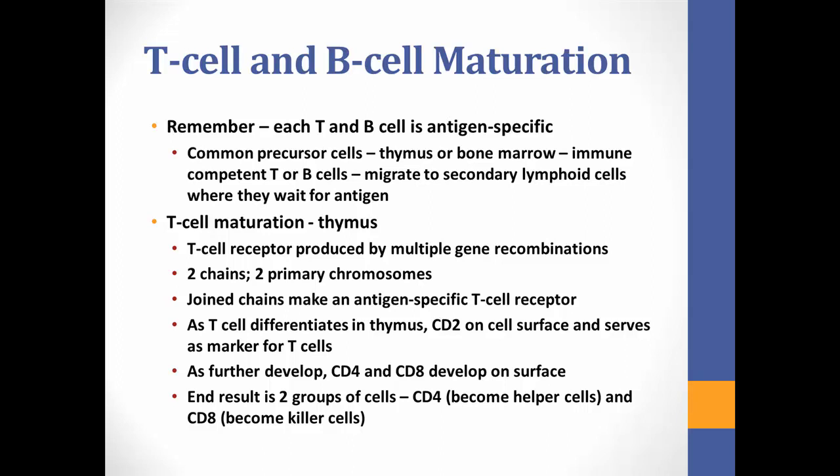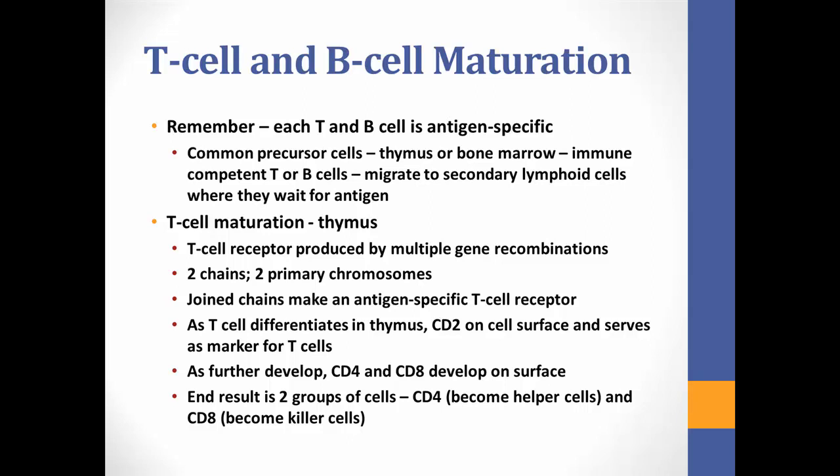When those chains join, they make an antigen-specific T cell receptor. As that T cell differentiates in the thymus, it develops CD2 on the cell surface, and that serves as a marker for those T cells. With further development, CD4 and CD8 develop on the surface of the T cells.